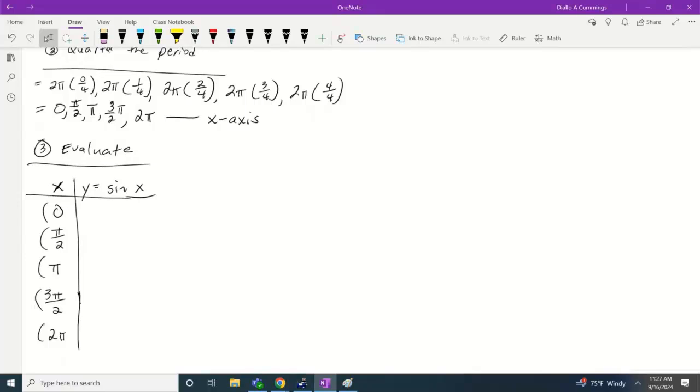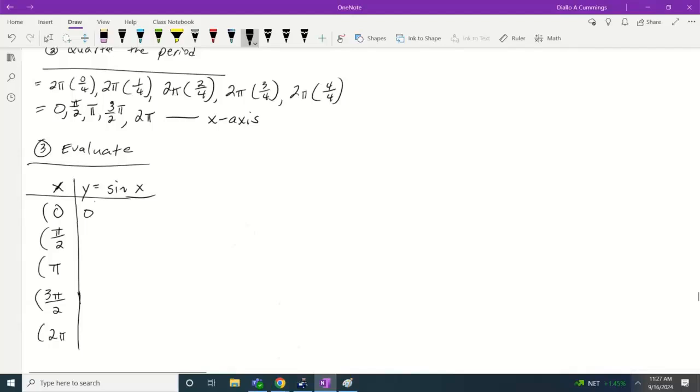Basically, we're going to complete ordered pairs. In my function, y is equal to sine of x, wherever I see an x, I'm going to substitute it with 0. If we substitute 0 for x, what would be the sine of 0? 0, right?